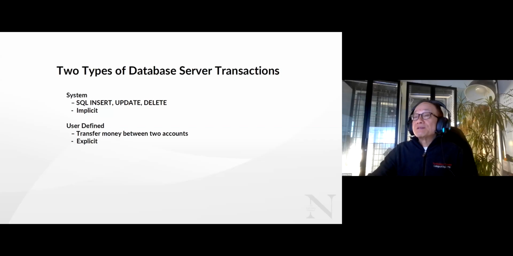The second type of transactions are user-defined, and developers define this type of transactions. A good example is if we want to transfer money between two accounts, and we do that very often.